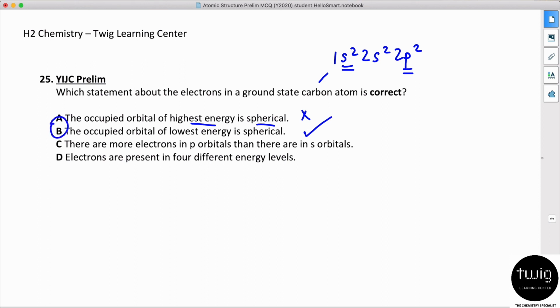There are more electrons in p orbitals than in all s orbitals? p orbitals have 2 electrons, s orbitals have 4 altogether, 2 plus 2. Electrons are present in 4 different energy levels? In fact it's 3, because you have 1s, 2s, and 2p. So this is also wrong. The answer should be B.